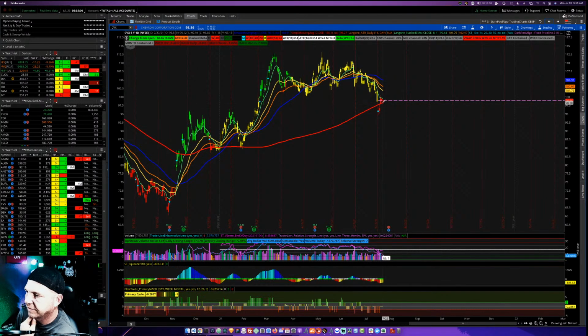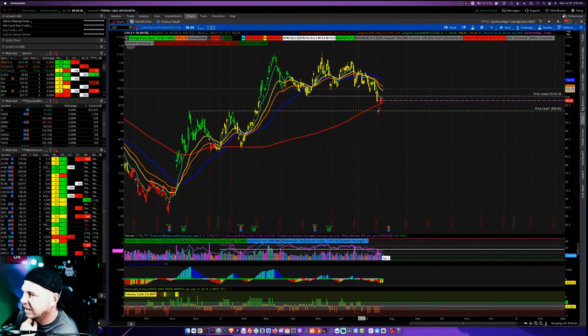So if we were to close below the 200 on the daily, I'd like to come back down and test some of these previous highs, right? There's our support. If we break below that, then it's going to be pretty ugly. There's our immediate overhead resistance.